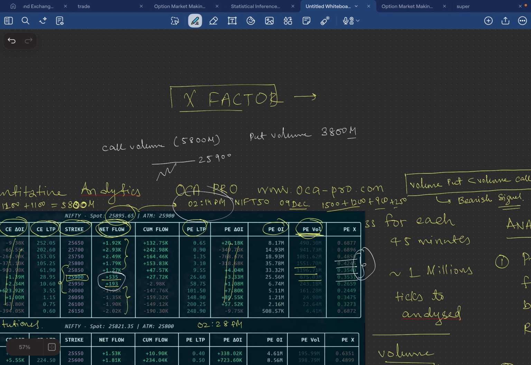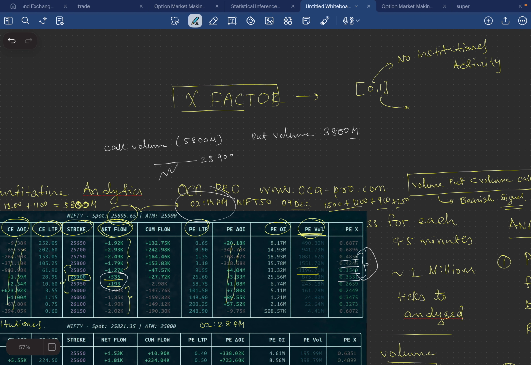So this is going to range in between 0 to 1. Okay, so 0 means no institutional activity, and 1 means most institutional activity.